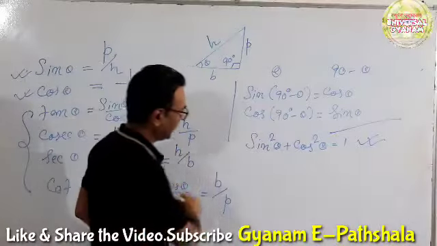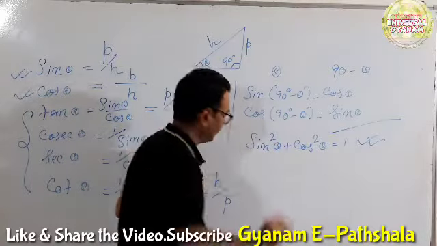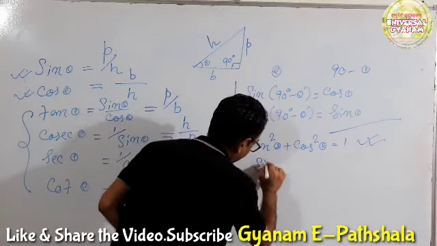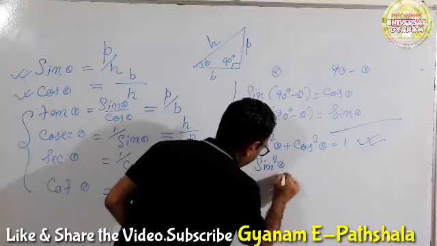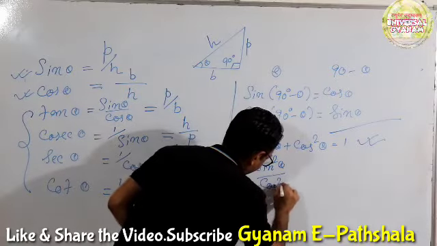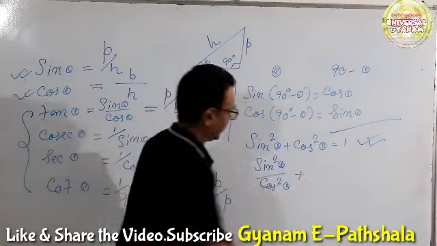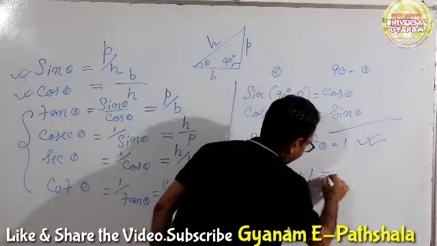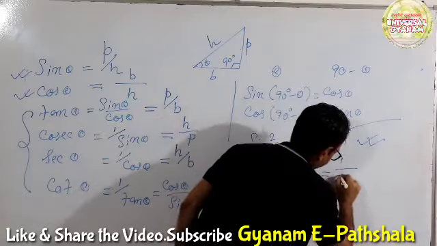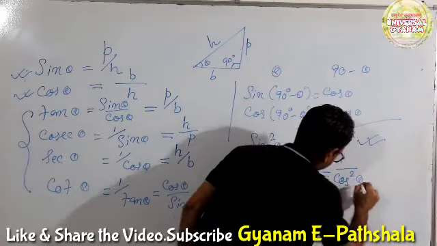Let's do it. I divide throughout by cos square theta. So what do I get? I get sine square theta by cos square theta plus cos square theta by cos square theta, which is 1, equal to 1 by cos square theta.